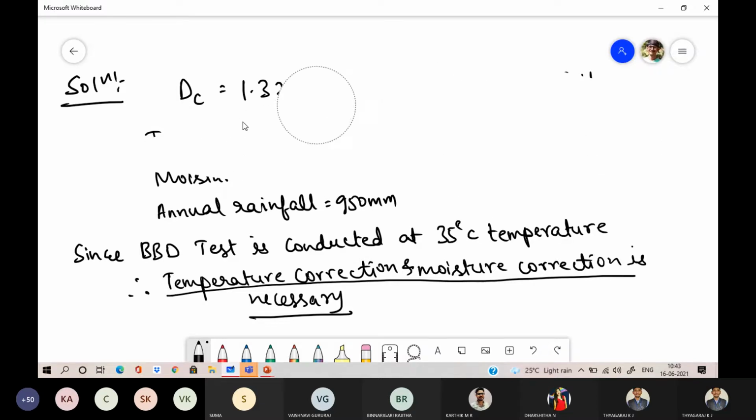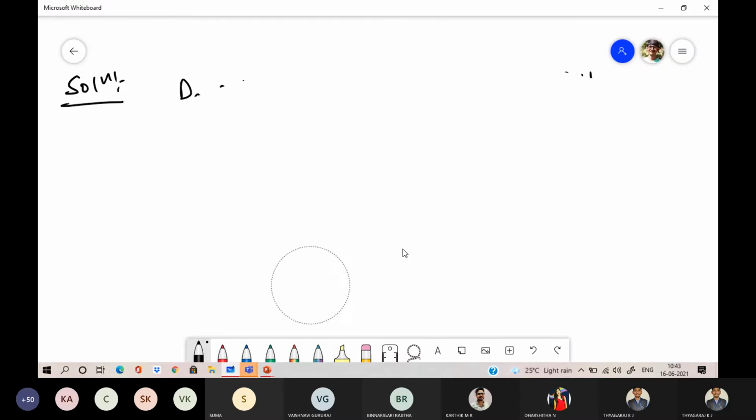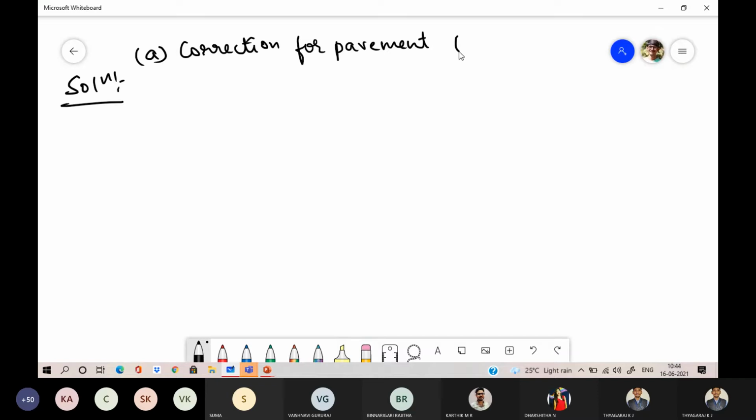I'll erase the things. So first one, correction for pavement temperature. So temperature correction factor, note down.